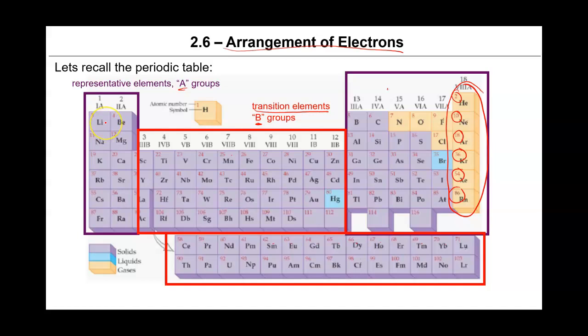So we've got 2 columns wide, 6 columns wide, 10 columns wide, 14 columns wide. 2, 6, 10, 14. Hey, I think we've seen those numbers before.